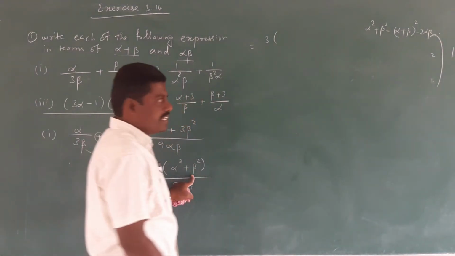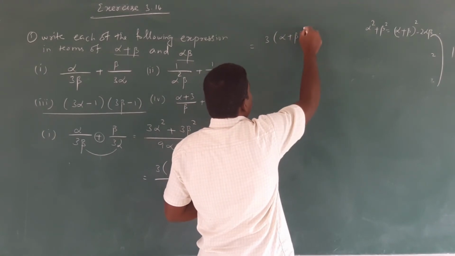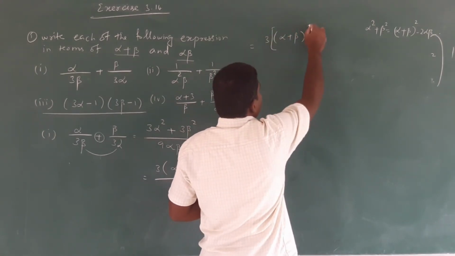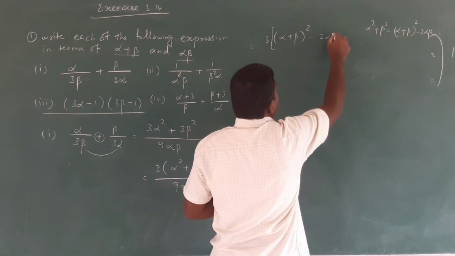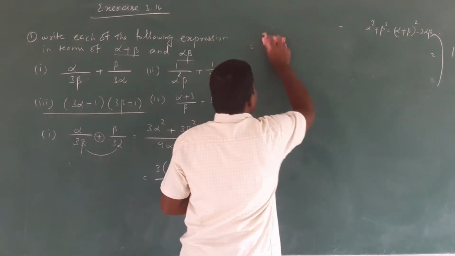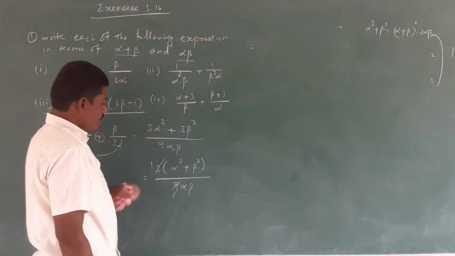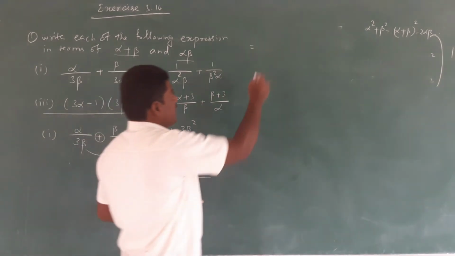Alpha square plus beta square is nothing but alpha plus beta the whole square minus 2 alpha beta. Understand? Otherwise you cancel 3 here. 3 ones are 3, 3 threes are 9.